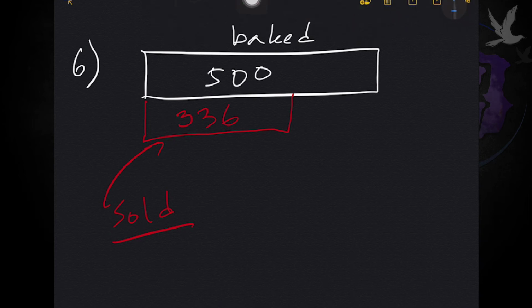Now, the question is, how many chocolate chip cookies has she left? See, we have a clue word there. Left. Which means this part over here. Okay? How much is left?